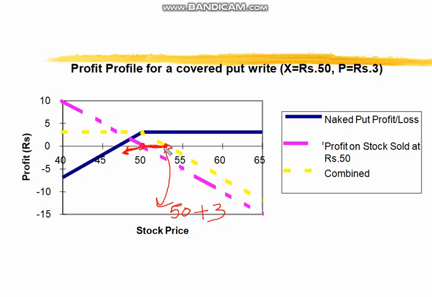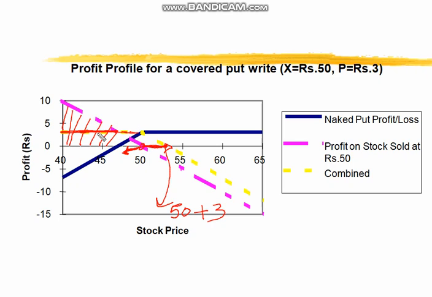But the disadvantage of this strategy is that if you look here, the investor caps his profit because of this position. If the short put would not have been there, then he would have earned this amount of profit, right? So by clubbing these two positions, you are limiting your profit up to the amount of premium, right?